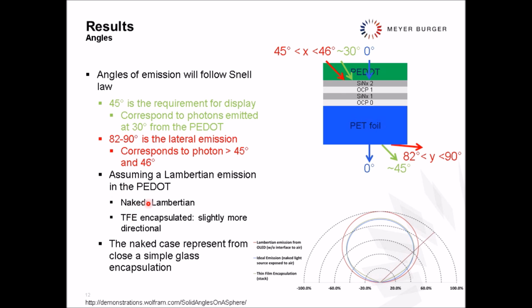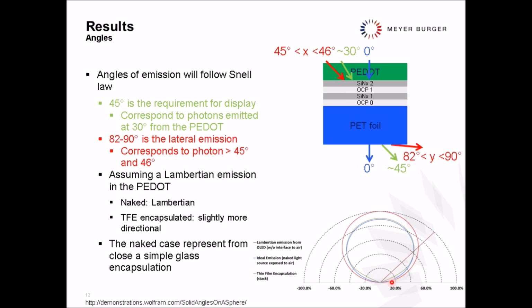One, we call it the naked light source, and the TFE encapsulation light source. So what we see is that these two are very similar. We notice that the thin film encapsulator is slightly more directional, putting out more light at the 0 degrees.